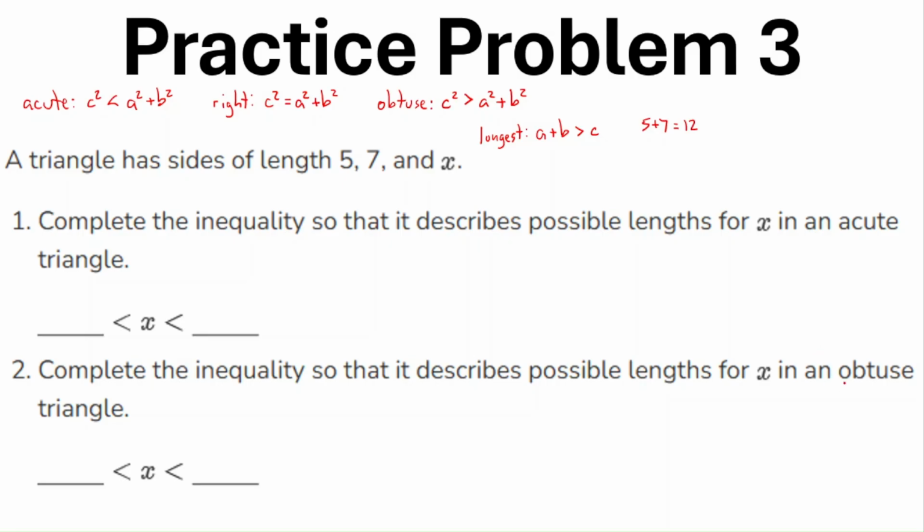So for the obtuse triangle, the long end is 12. Our side length must be less than 12.